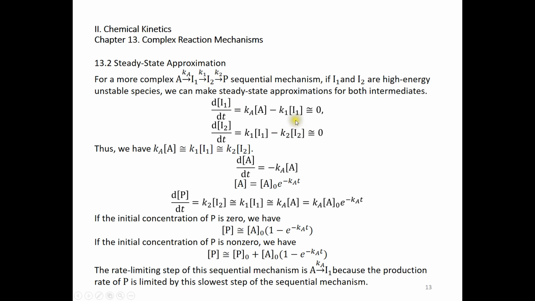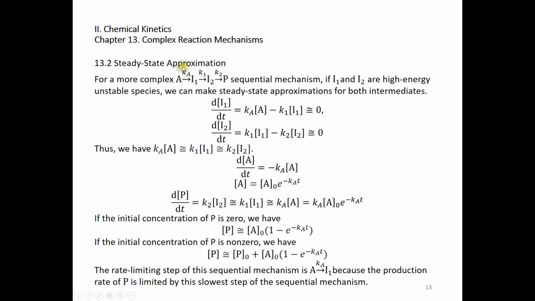Now if we can use the steady-state approximations for both I1 and I2, then we have Ka A equals K1 I1 equals K2 I2. So we have these equations. And because dA/dt is negative Ka A, we have A equals A naught times e to the power of negative Kat.